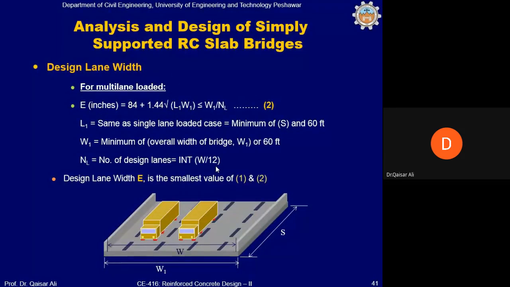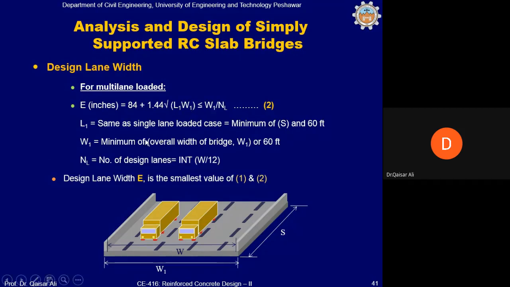So this factor will be taken as 2. This will always be rounded down, because if it is 2.8, a third lane cannot be accommodated on this bridge, so it is rounded down, not rounded up.